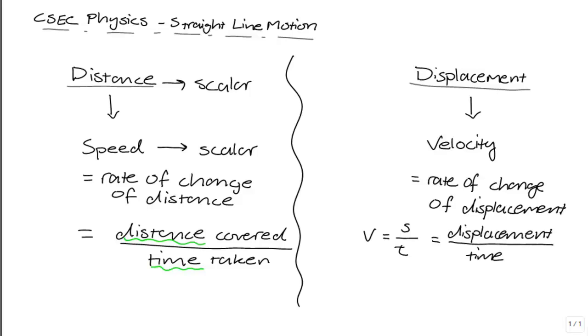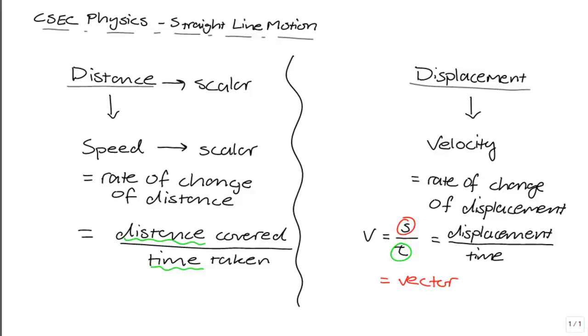Now, velocity is derived from time, which is a scalar, and displacement, which is a vector. So displacement, which gives rise to velocity, is a vector, and that means that velocity is also a vector. So a velocity has an associated direction, and velocity is a vector quantity.